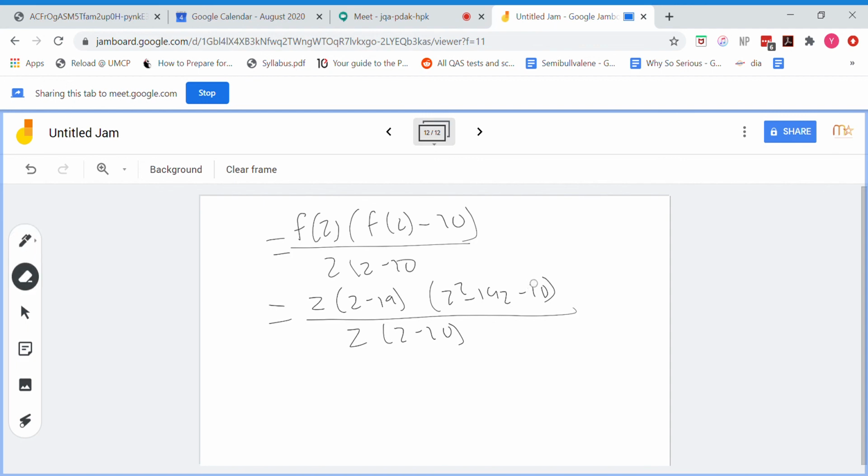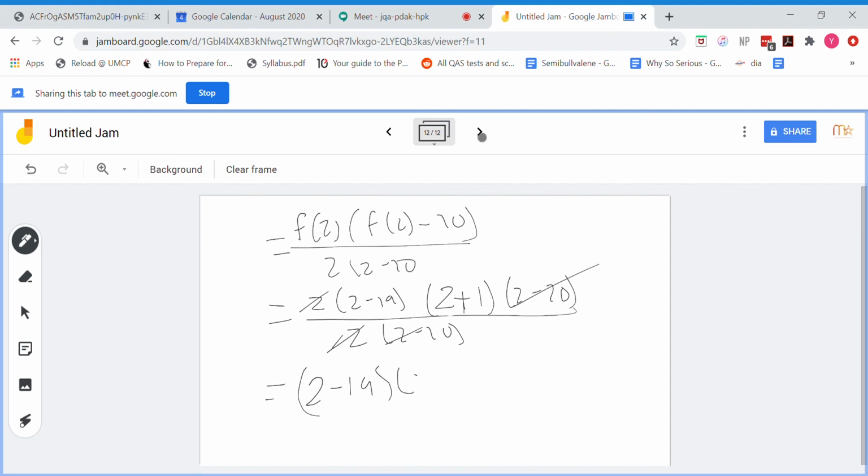And obviously this factorizes, so we end up with (z plus 1) times (z minus 20). This cancels, and this cancels. So this nicely cancels, and we're left with (z minus 19) times (z plus 1) must be a purely imaginary number. Alright.